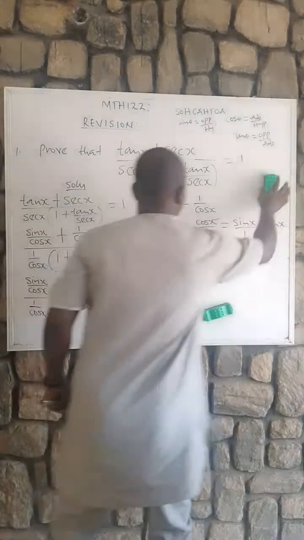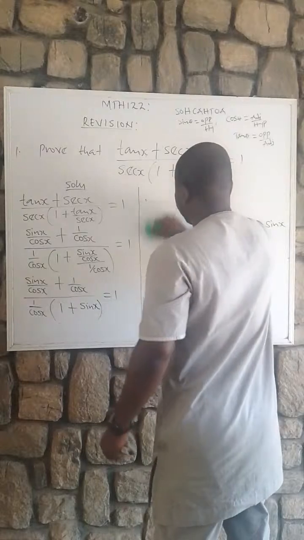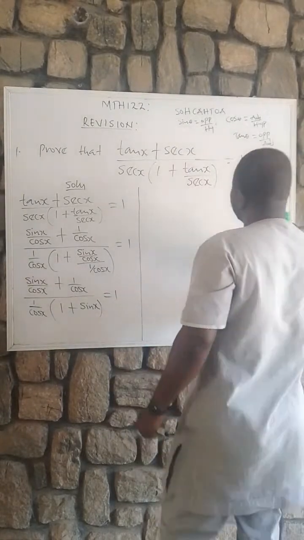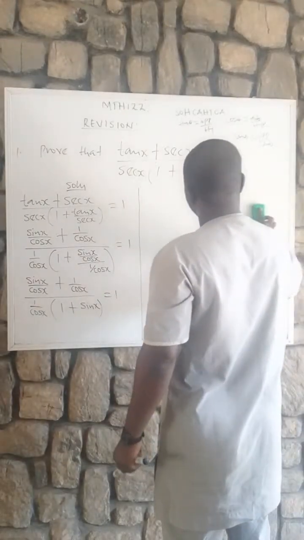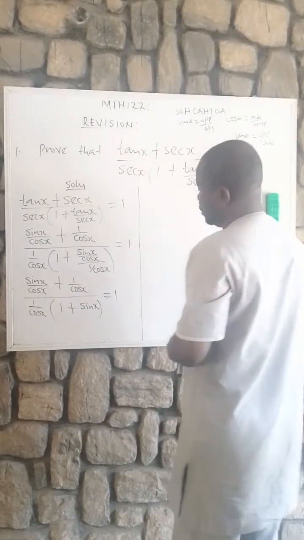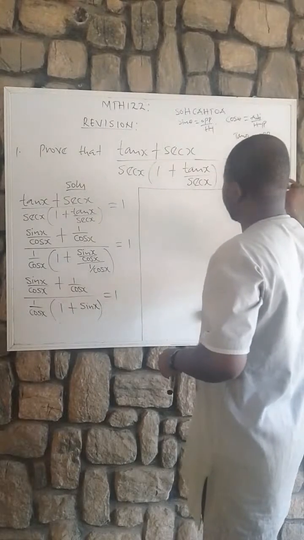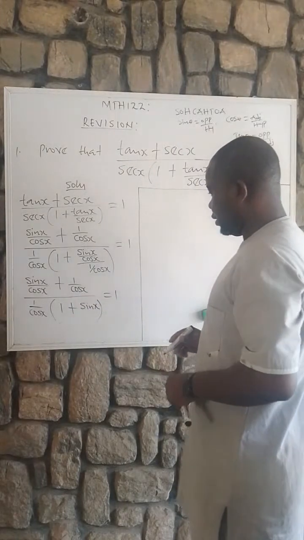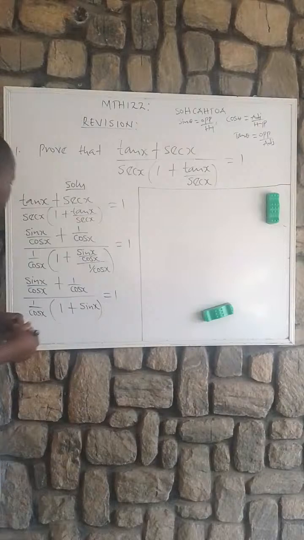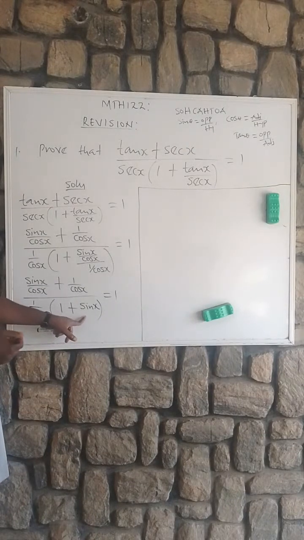If you can see what I am saying, here we have 1 all over cos x. This is a bracket, true or false?